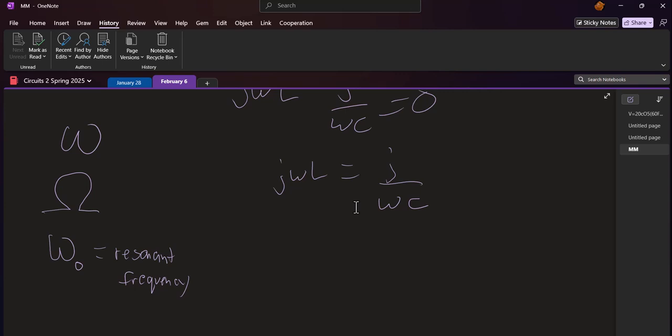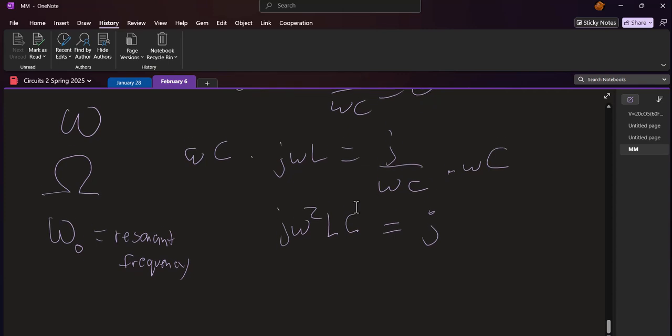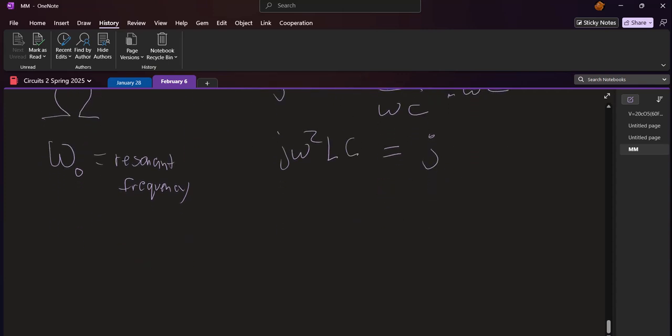I'm solving for omega, so I'll multiply both sides by omega C. And I get j omega squared L C equals j. I can divide both sides by jLC.